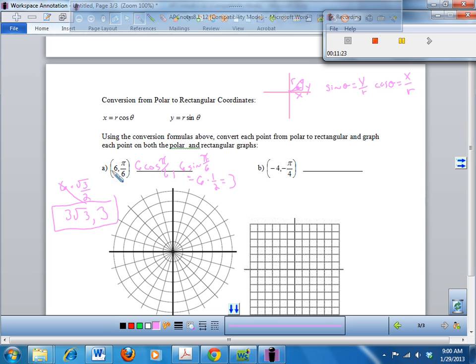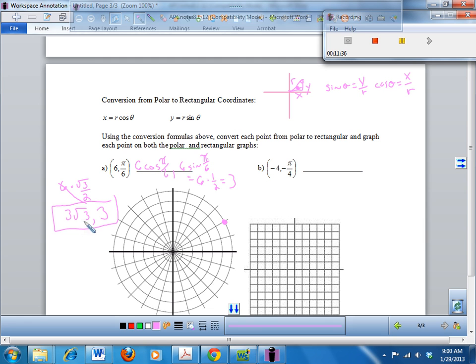So to get there polarly, you go 1, 2, 3, 4, 5, 6, and rotate through pi over 6. To get there rectangularly, you would multiply 3 times root of 3, which is about 1.7. So what's 3 times 1.7?